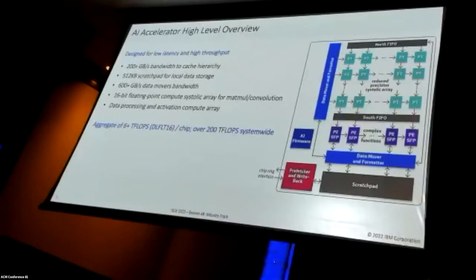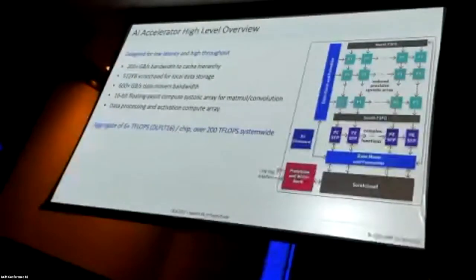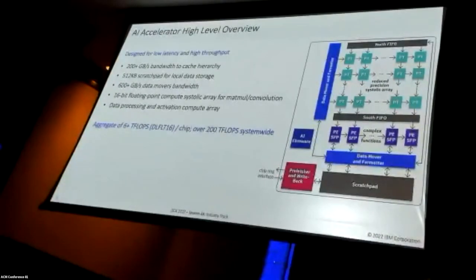Being connected directly to the internal fabric of the chip allows over 200 gigabytes per second of bandwidth to access and bring data into the accelerator. Internally, there's a small scratchpad which stores the data that are then distributed by a special data mover engine and formatter engine, which distribute all the data to the compute engine, trying to make sure that every engine has the data correctly formatted ahead of time when compute time starts.